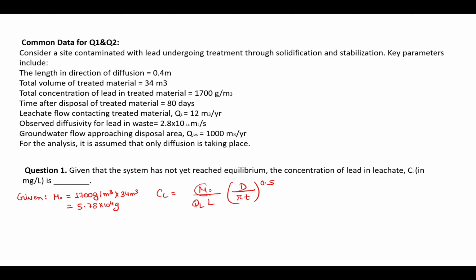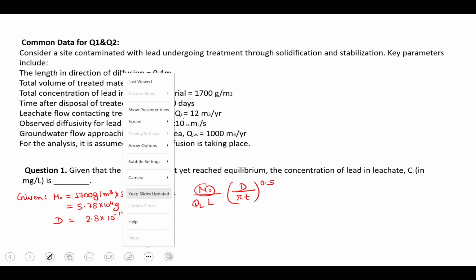So here M naught is the total mass of the lead in the material. D, the diffusivity for lead in the waste, is given as 2.8 into 10 raised to the power minus 14 meter square per second.